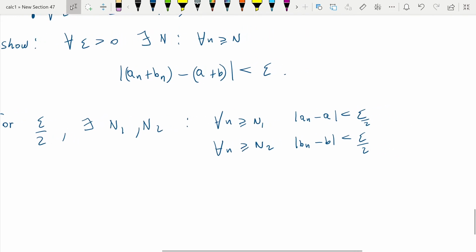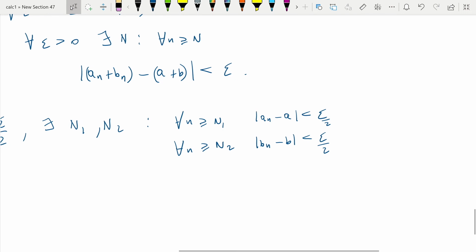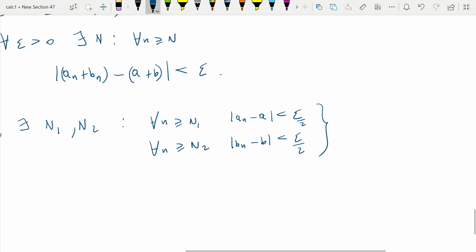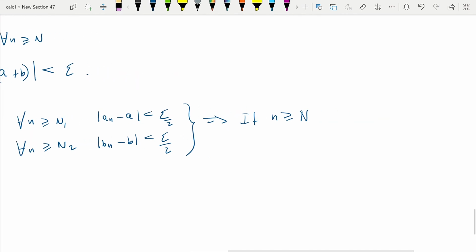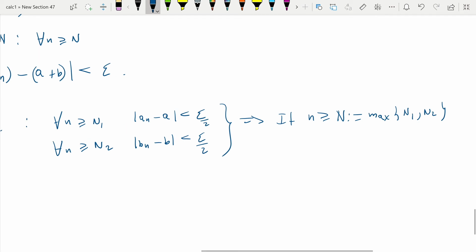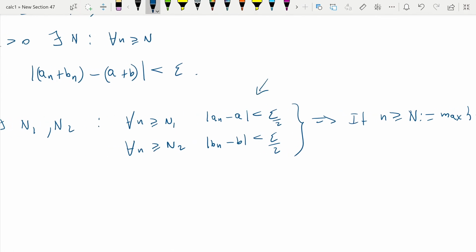Okay, so we have these two things are true. This implies that if n is greater than or equal to the max, which we're going to define as the maximum between N1 and N2, then both of these statements are going to be true at the same time.